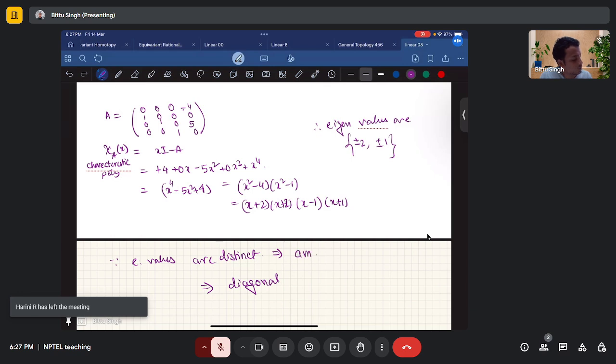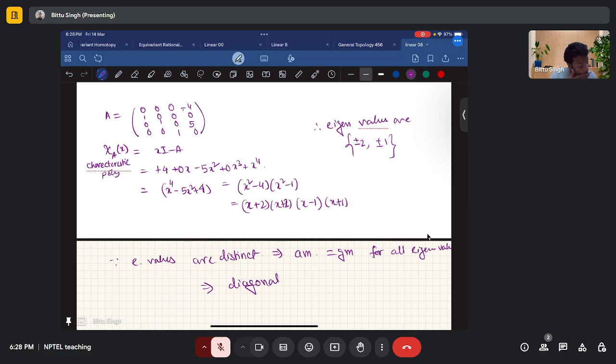Algebraic multiplicity equals geometric multiplicity for all eigenvalues. Both should be 1 in this case because it is a 4 by 4 matrix.